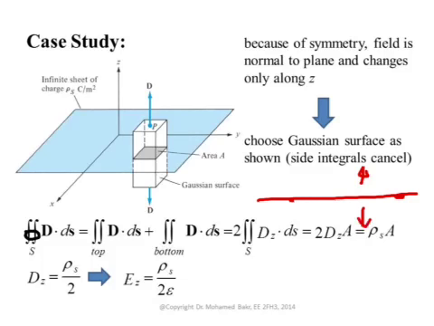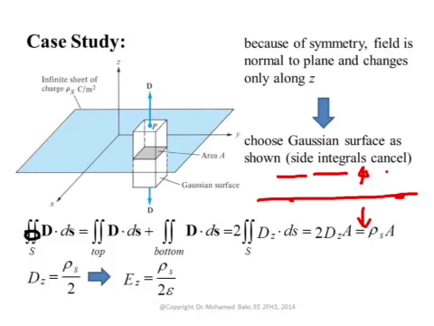And because of symmetry as well, I can say that the field will decay away from the plane. So it's only a function of how far we are from the plane. So it changes along the z direction. By knowing that, we can select a Gaussian surface as shown here. Why is this one good?